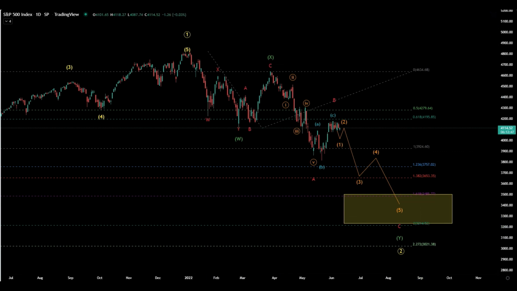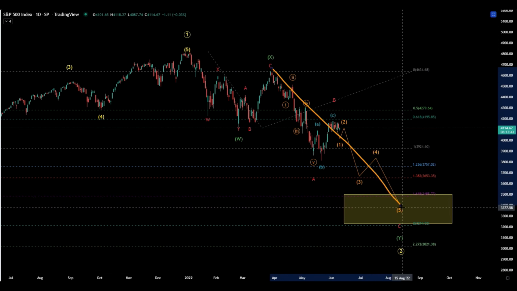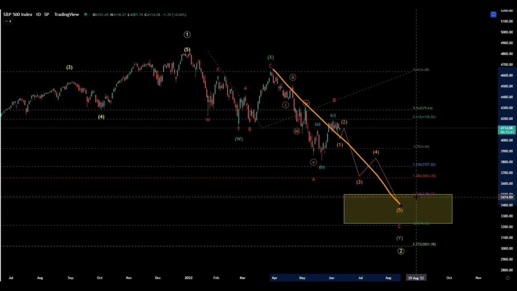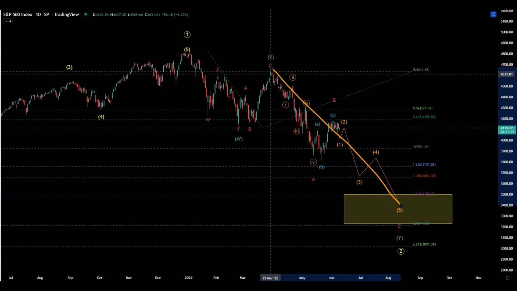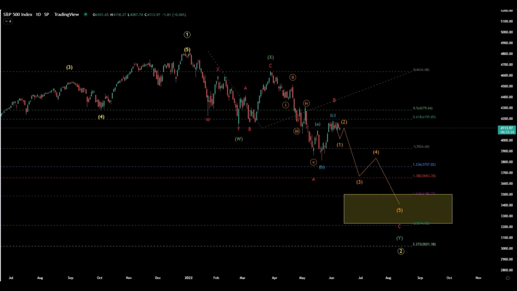Meaning that when complete, this wave will be 161.8 to 200% bigger than this wave. Okay, and that's very common in combinations. That's just what you get. Very common thing to happen.